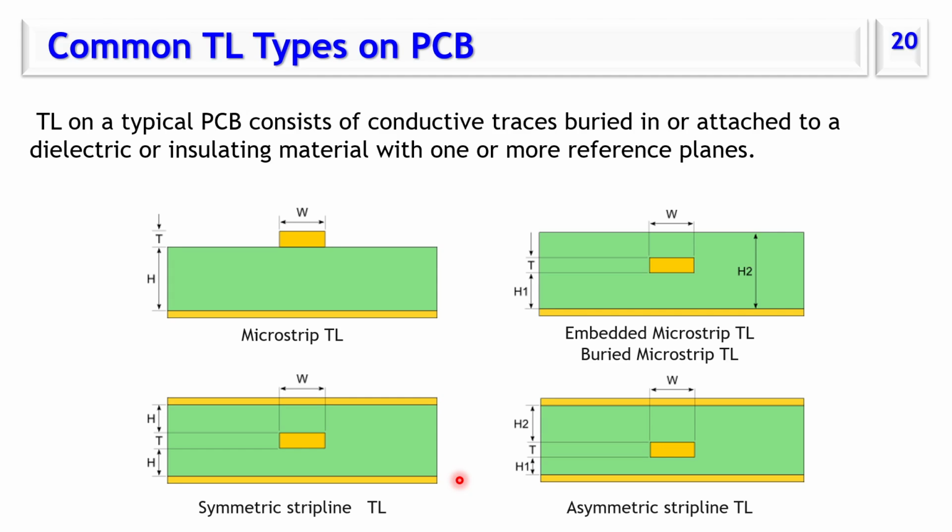The main types are the microstrip, which is a trace that carries the signal over a reference plane separated by a dielectric material, or a buried or embedded microstrip. That is one conductor over a reference plane, but immersed in a dielectric material. Then stripline: a signal conductor between two reference planes, either symmetric in the middle vertical position between the two planes, or asymmetric like this shape.